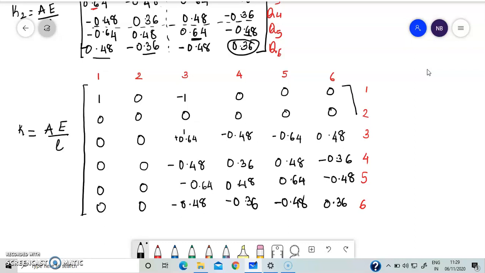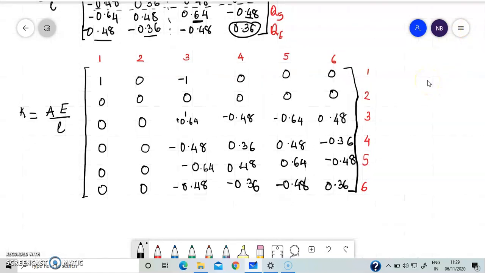So this is how we get the global stiffness matrix of size 6 by 6.